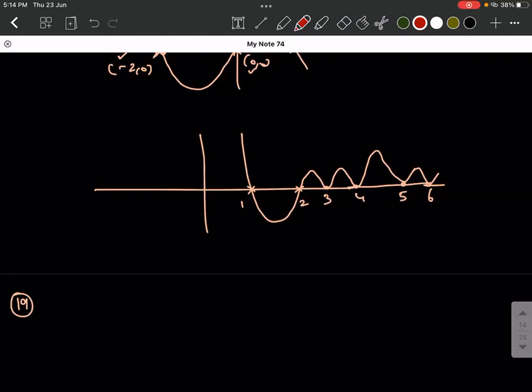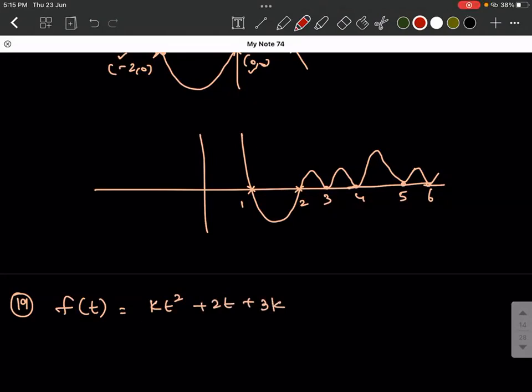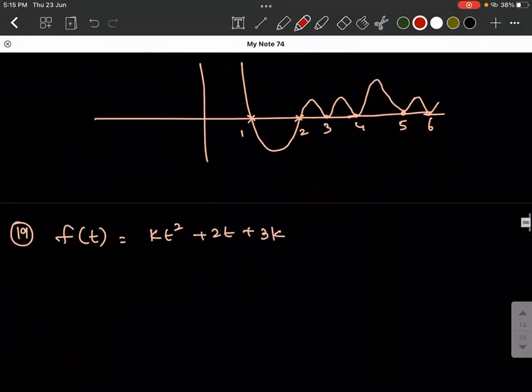19th. If the sum of the zeros of the quadratic polynomial f of t is equal to kt square plus 2t plus 3k is equal to their product, so alpha plus beta is equal to alpha beta, then find the value of k.